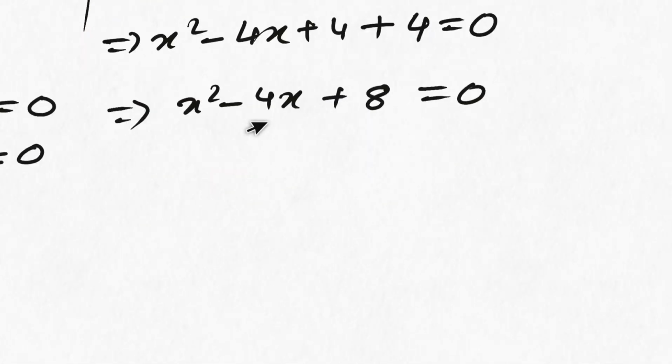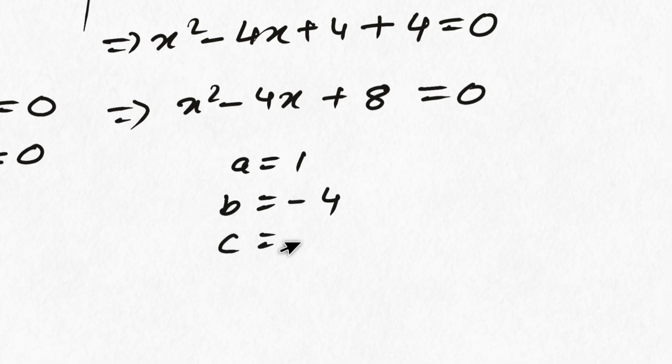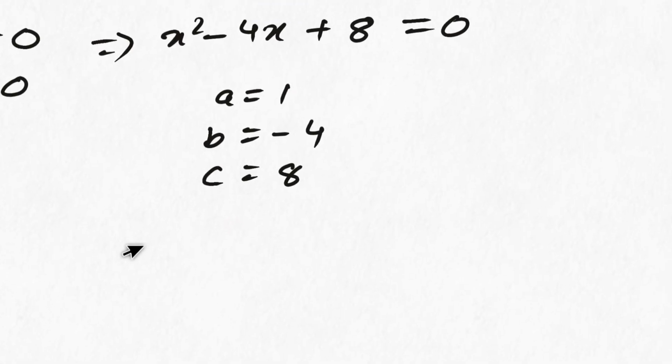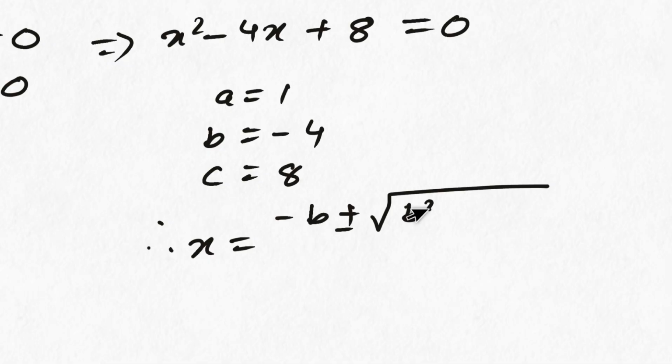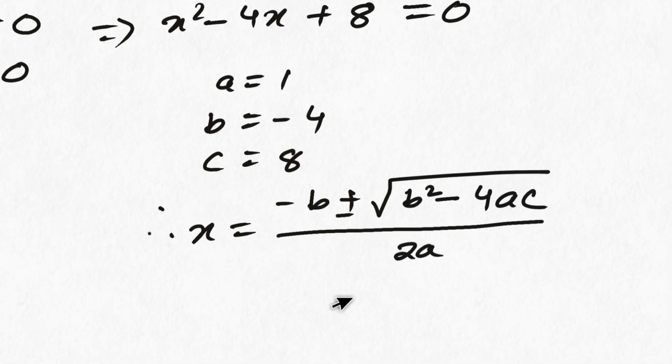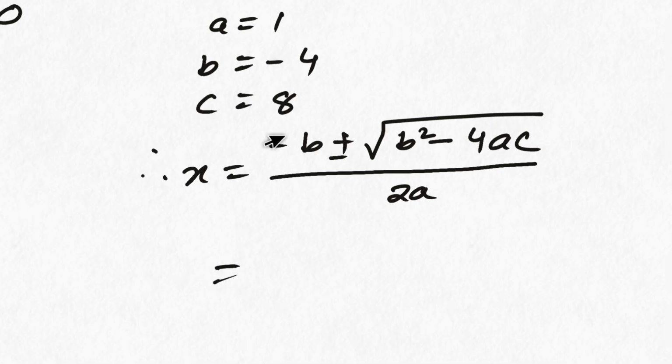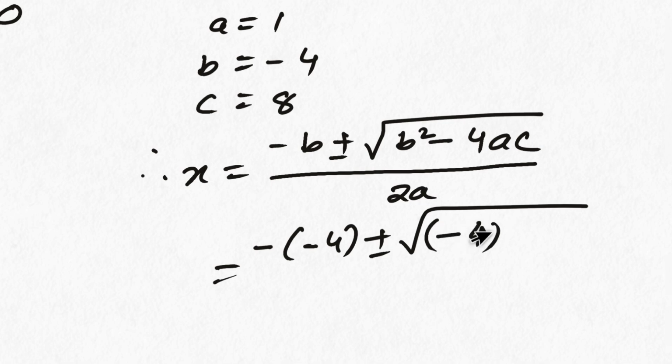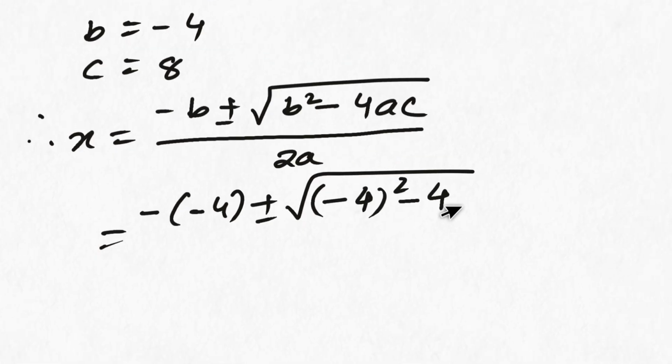To solve this, we are using the quadratic formula. Here, our coefficients are a equals 1, b equals negative 4, and c equals 8. The quadratic formula is x equals negative b plus or minus the square root of b squared minus 4ac, all over 2a. Let's plug our values right in. We get x equals the negative of negative 4 plus or minus the square root of the quantity negative 4 squared minus 4 times 1 times 8.